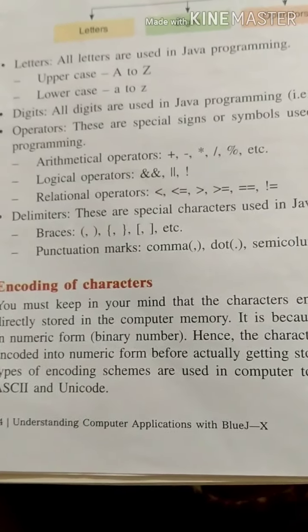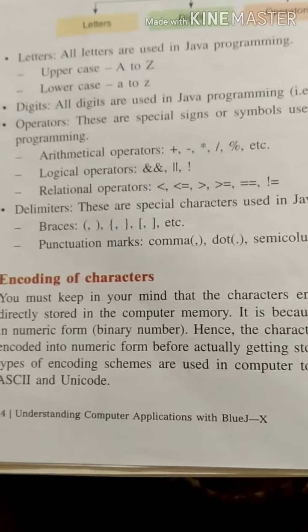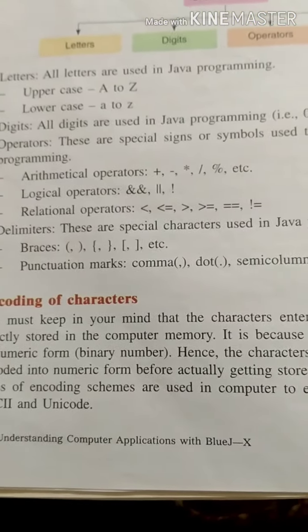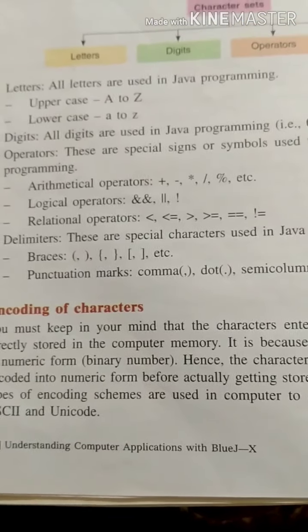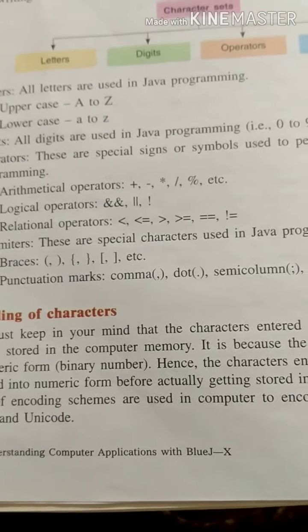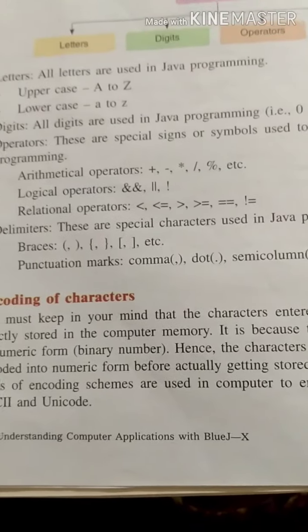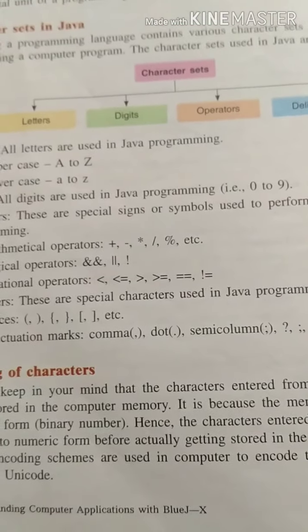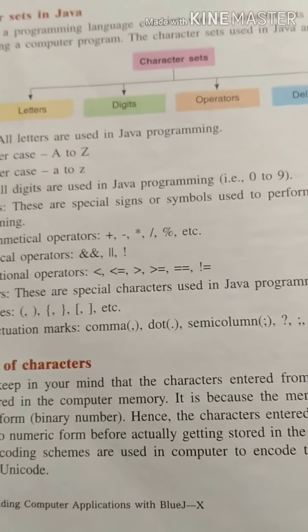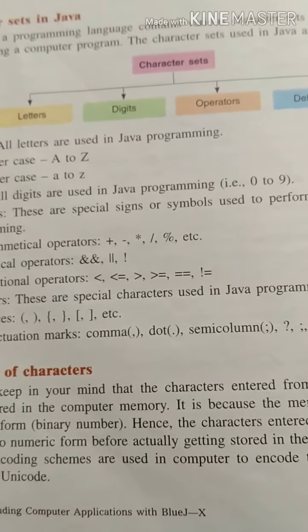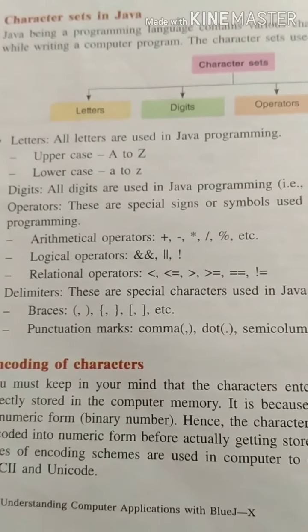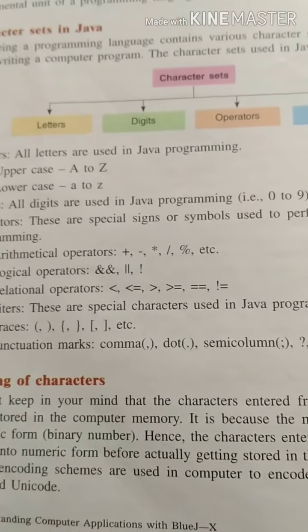Encoding of characters. Whatever we write in the program, we write in numbers, symbols and characters. These three things we use. But the computer does not understand all these things directly. The computer needs a code which it understands.